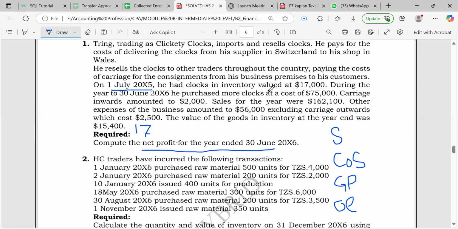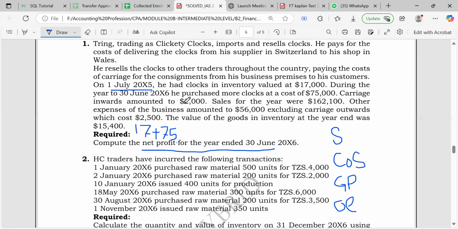And then during the year ended 30 June 2026, he purchased more clocks at a cost of 75,000. So you usually take opening inventory plus purchases, which cost 75,000. Carriage inwards amounted to 2,000.